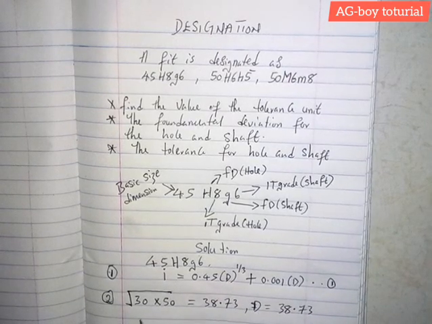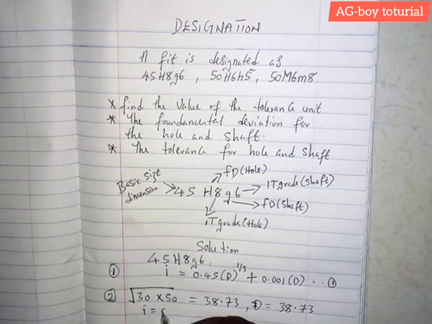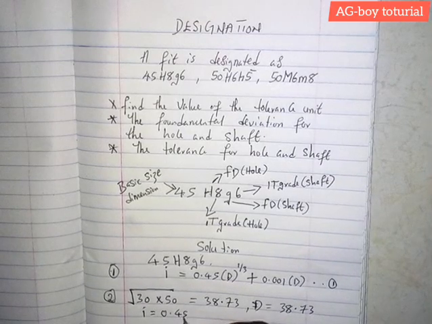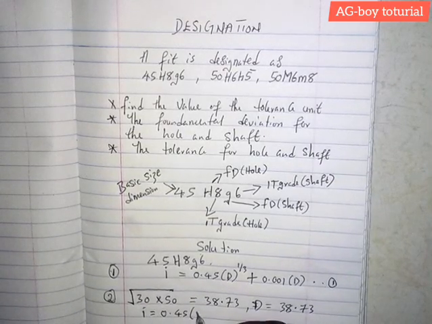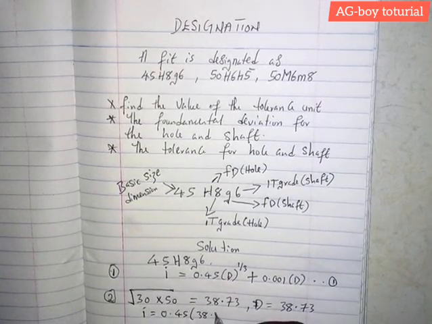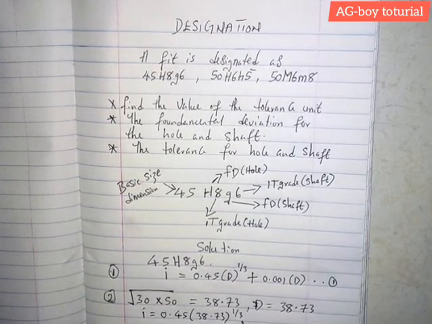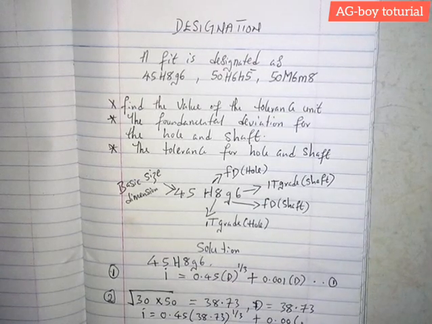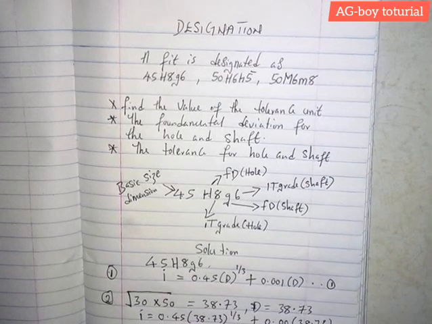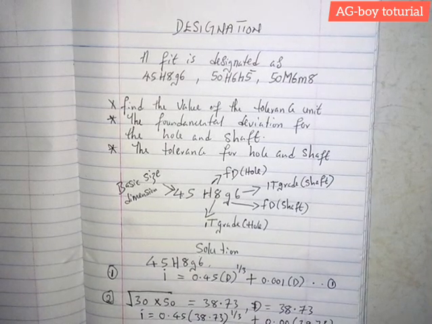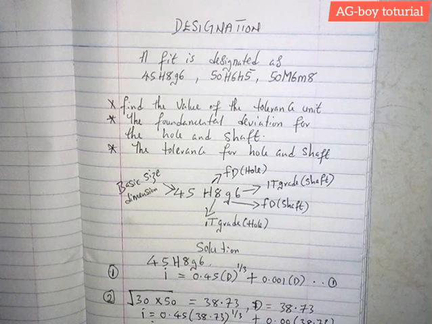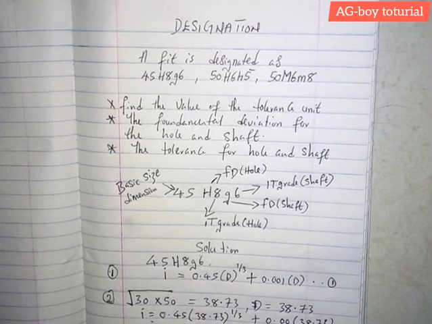So my I is going to be 0.45 multiplied by the cube root of 38.73, plus 0.001 multiplied by 38.73. So whatever you get here is your I. So my I is going to be equal to this one here.